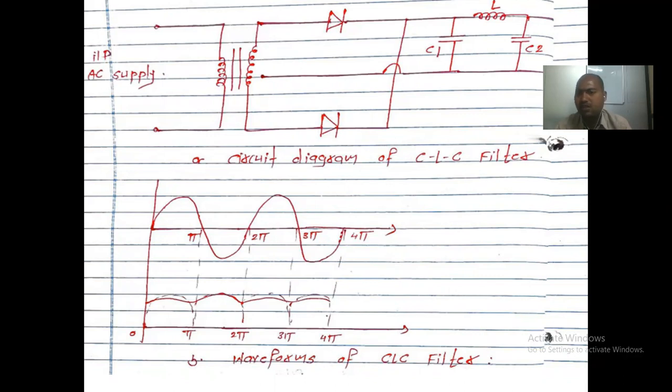We know that this is the center tap type of transformer. Center tap indicates that during the first positive cycle, plus is coming here, minus is coming across here, plus is coming across here, minus is coming across here.